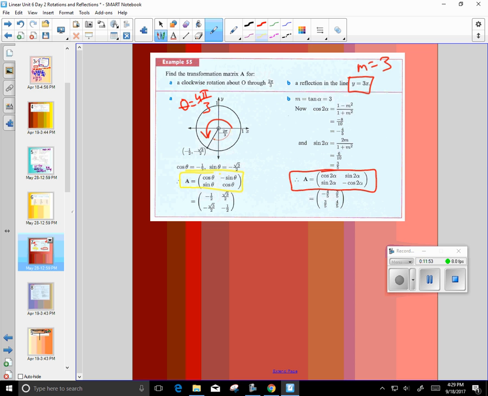So you can substitute the 3 in, and then you'll get negative 4/5 for sine 2 alpha. You can go into those two, and you're going to get 3/5, and that's going to give you that. So then once you have cosine 2 alpha and sine 2 alpha, you can just plug those in, and you get the nice transformation matrix for that line, y equals 3x reflection.